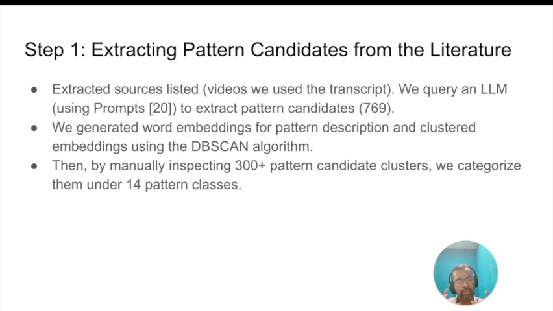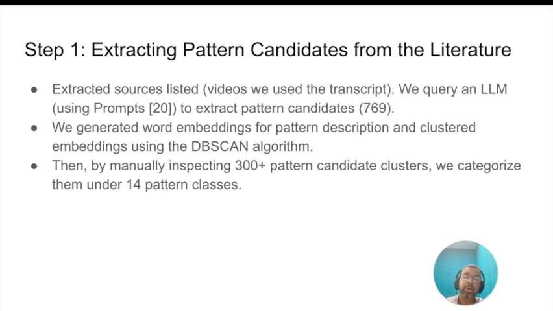Then for each pattern candidate we identified, we generate word embeddings. Then we took all these candidates and their embeddings and used DBSCAN to cluster them. The expectation is that candidate patterns that sound very similar would come into the same cluster.